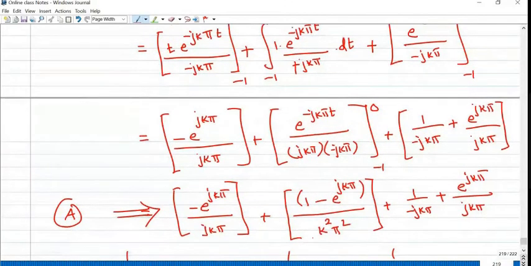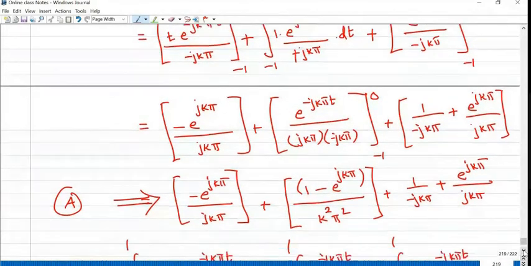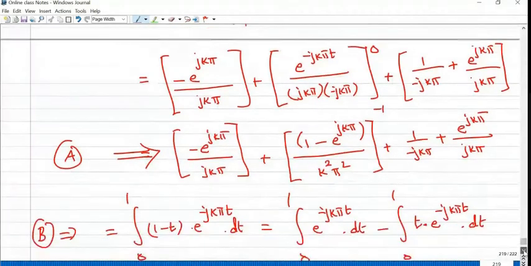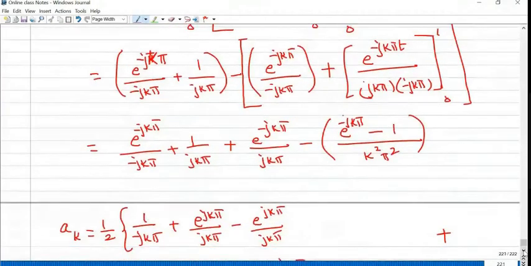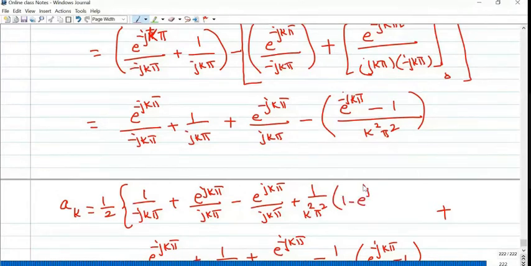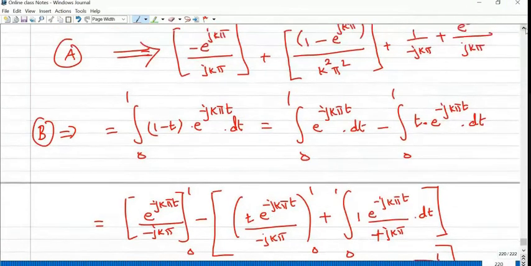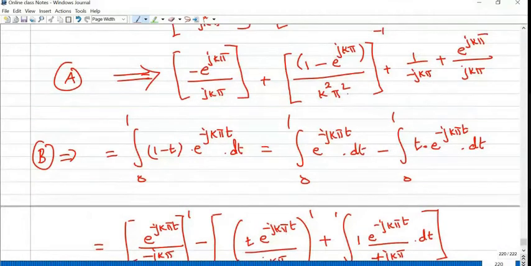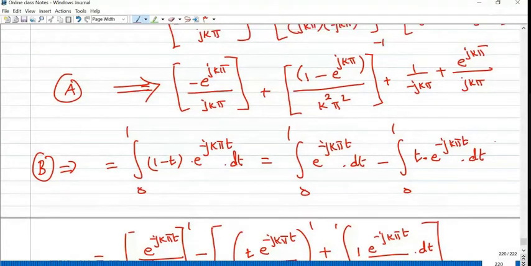And the last one, 1 by k square pi square into 1 minus e power jk pi. Is it correct? Combined everything: 1 by k square pi square, 1 minus e power jk pi. Okay.